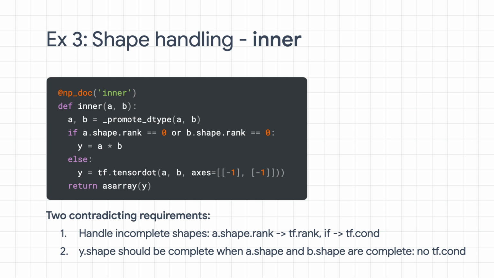But at the same time, there is another requirement. If all the shapes of the inputs are already complete, then many NumPy users expect the results to also be complete. There are two motivations for this. First, this is what most NumPy users expect.